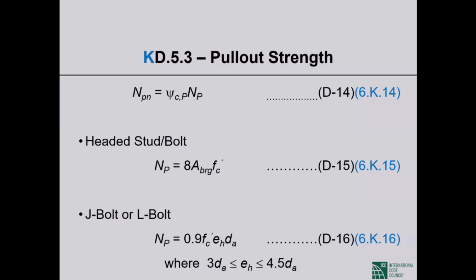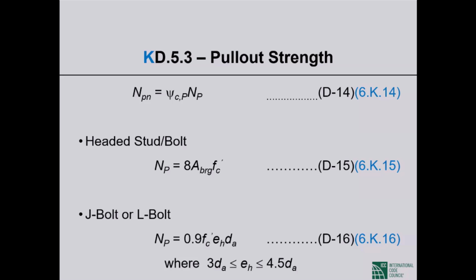But if it is a hooked bolt, the bearing area is e sub h d sub a, as we saw, but we get a bearing strength of only 0.9 f sub c prime. This is 8, this is 0.9. This is important because within ACI 318 the initial proposal was to not allow hooked bolts in seismic applications because they pull out.